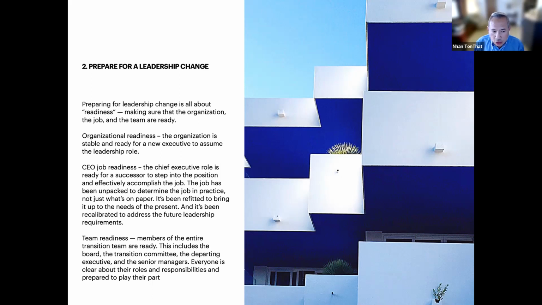It's not one of those organizations where the ED does everything, and people don't know the boundaries of each role. The team has to be able to run the organization, and executive leadership has to be defined and measured so that one knows exactly what one is replacing, right? So I'll pause here. Other questions about preparation for leadership change?